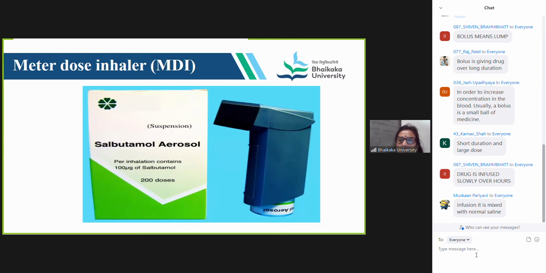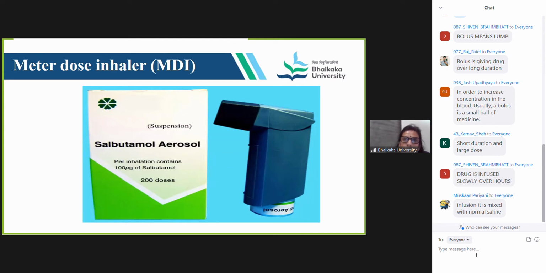You must have seen these devices somewhere, at home, outside, or in the hospital. This is one of the devices used for the inhalational route. There are other devices called rotahaler, lochaler, and nebulizers. These are some of the devices which you have to demonstrate, and you will see all of these devices physically.